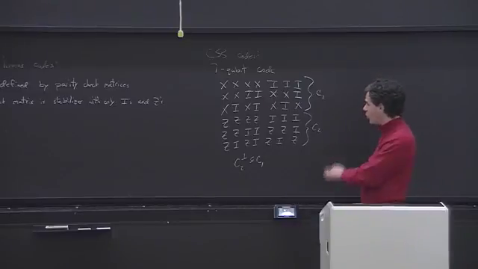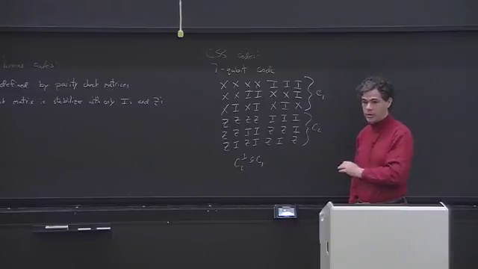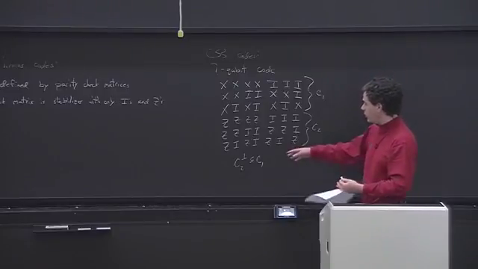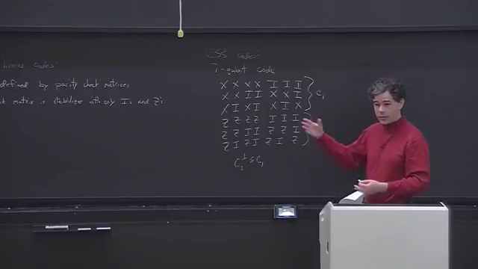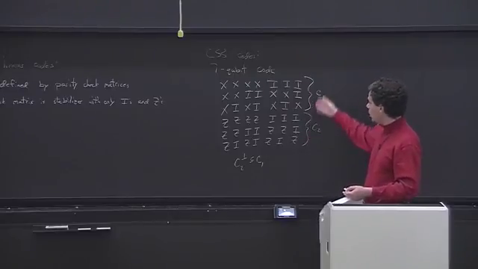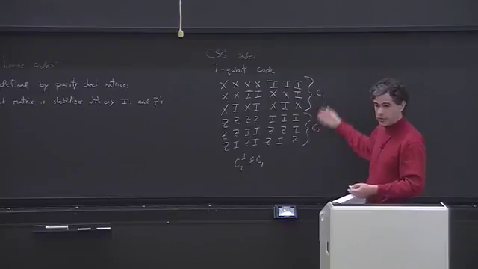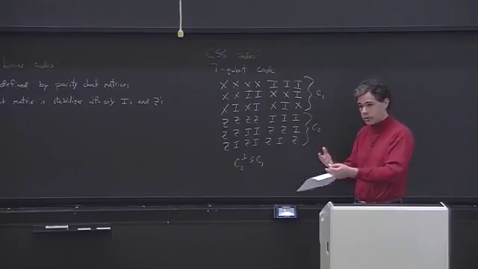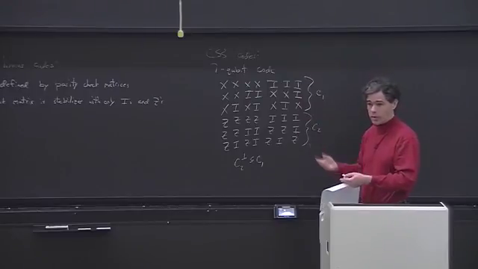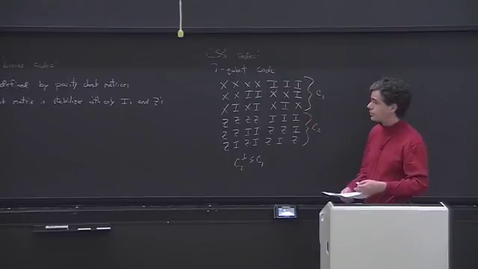I mean, if you know about codes, then this means something. If not, I don't really have time to go into it. Main point is that you take two codes that are related, that have some property. And the distance is usually the minimum of the distances of these two classical codes. So you can take classical codes, make sure they're related in the right way, and then get a quantum code out of that. So that's one good way to make quantum codes.